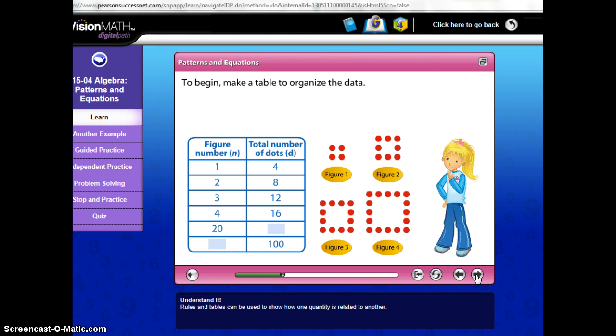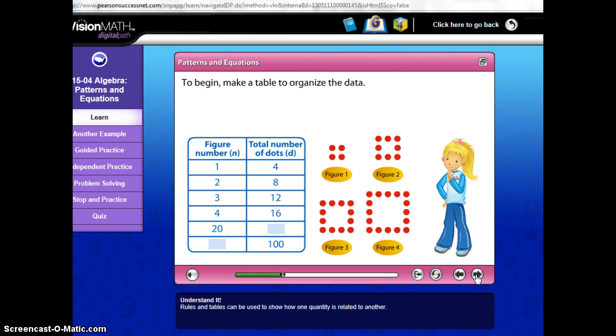What are the only two things you can do to make a number bigger, Alexis? Add or multiply. Okay, so what would we add to the 1 to get a 4? Would we add a 3 to this to get this? Would we add a 3 to this to get this? So adding is not going to work.